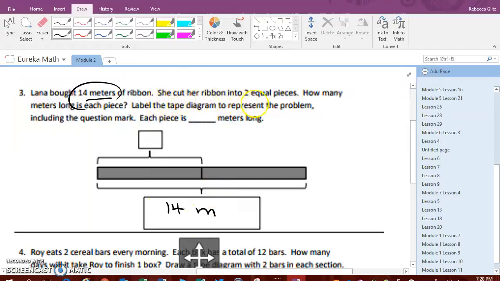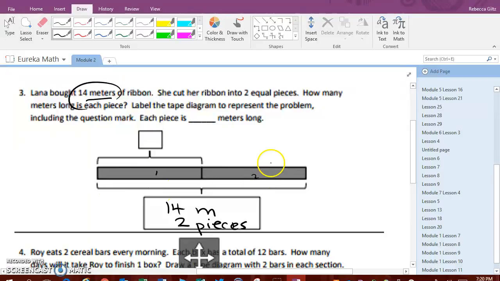She cut her ribbon into 2 equal pieces. All right, so do you think that would be our groups or how big each group is? Well, look how many sections they cut it into. 1, 2. That tells us the 2 is our group. So I'm going to label this down here 2 pieces. Okay, this is 1 piece.